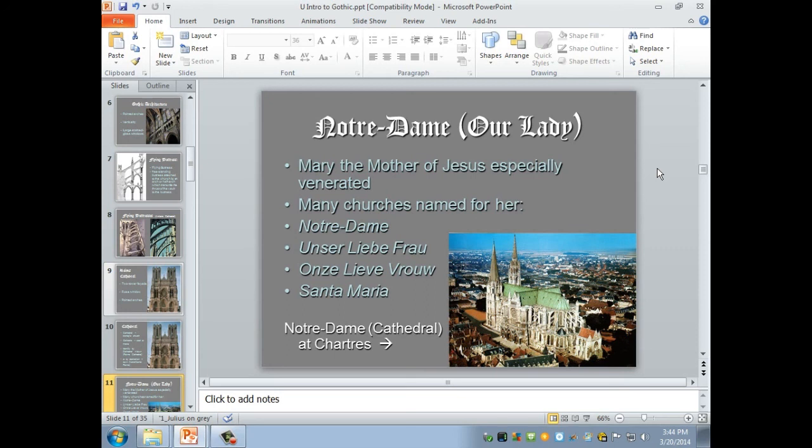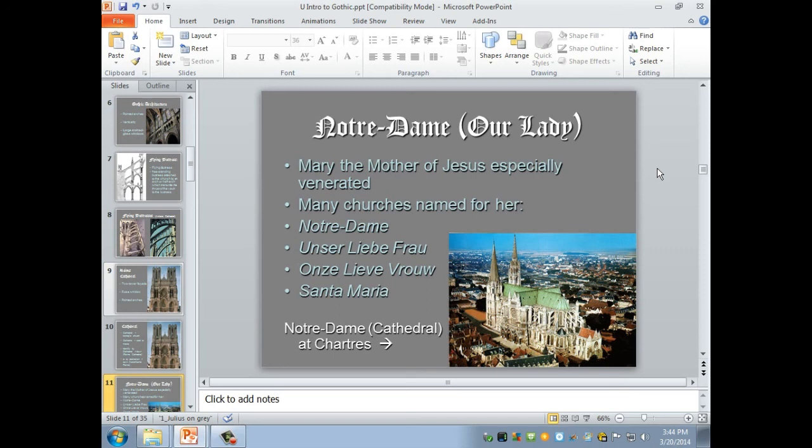When you get to Italy or to Spain, it's usually Santa Maria. And it's often Santa Maria of something. There's usually a designation, because you can't have more than one church in town dedicated to Mary. For example, in Florence, Italy, you've got Santa Maria dei Fiori. That's the cathedral, St. Mary of the Flowers.